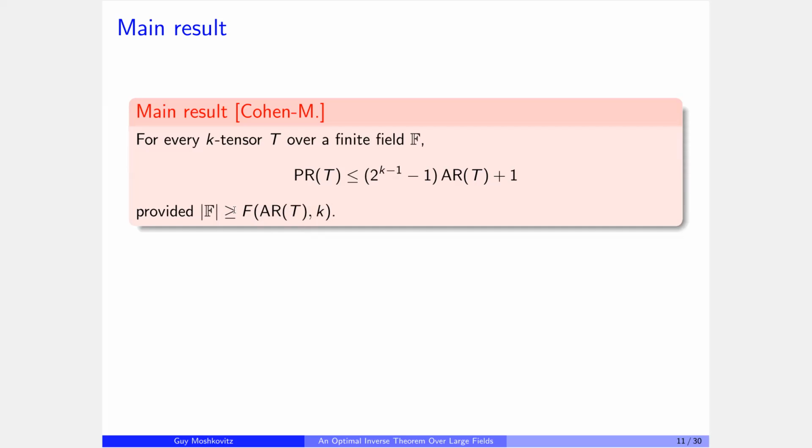Another thing I can mention is that if you go over our proof in detail, you can see that the field size has to be at least a double exponential function of the analytic rank, but it's actually not that bad, because if you can improve that to a single exponential, then you essentially get this result over any field, including the binary field, with the caveat that now the exponent of the analytic rank is not 1, but 1 plus little o of 1.